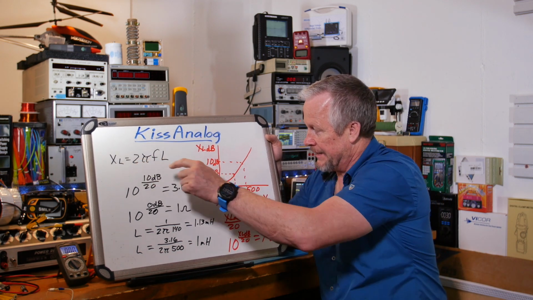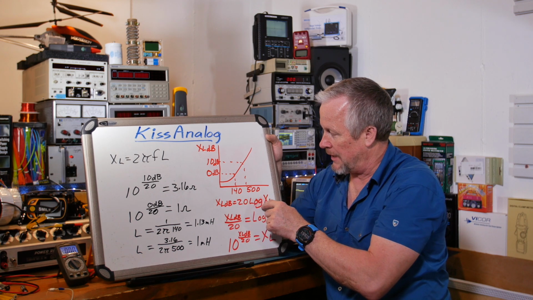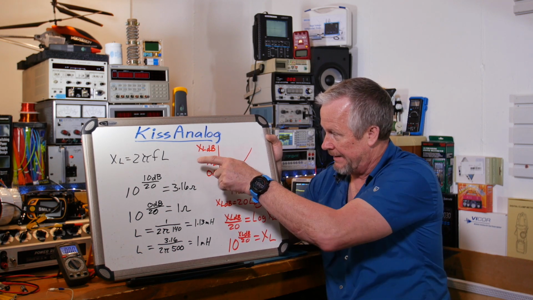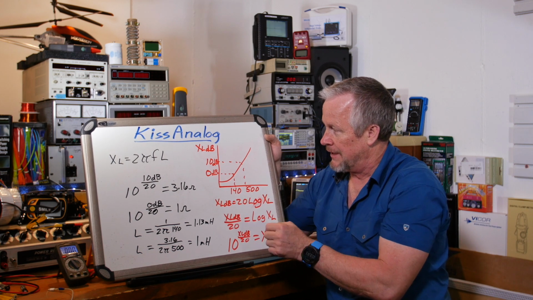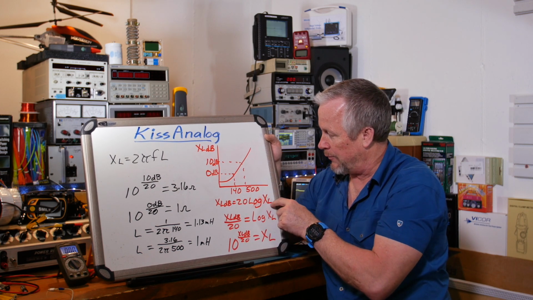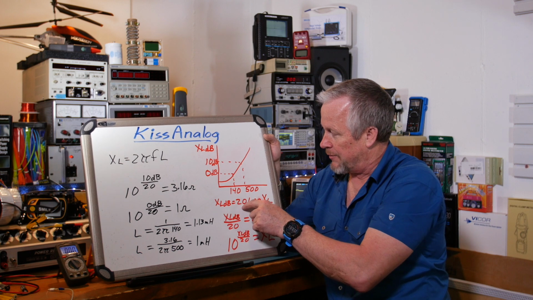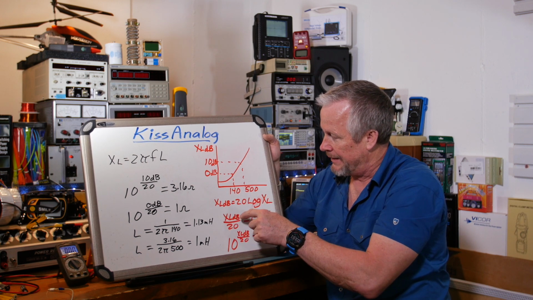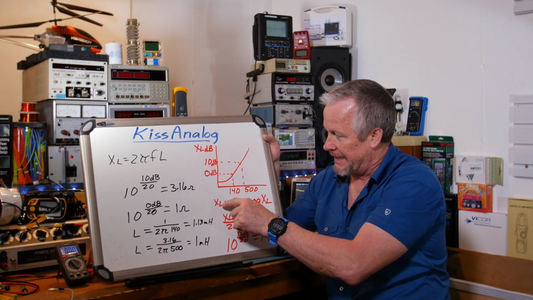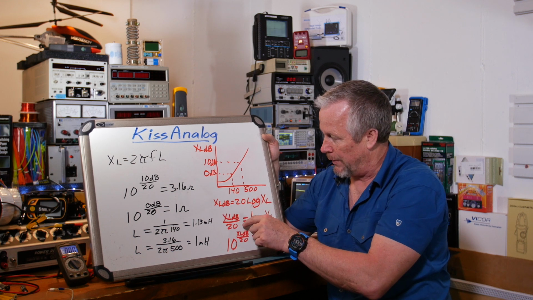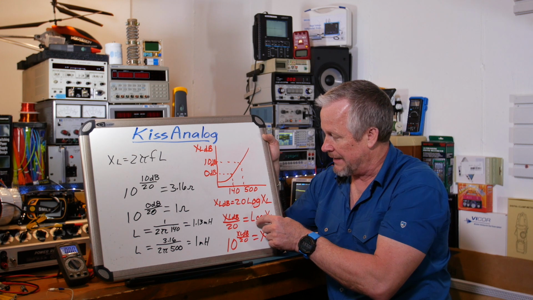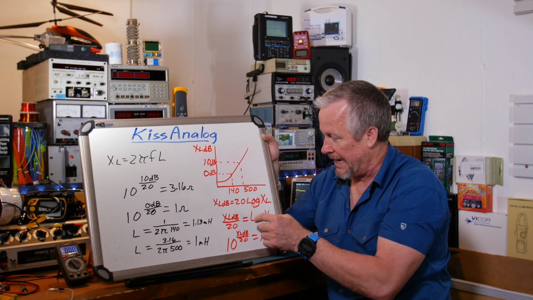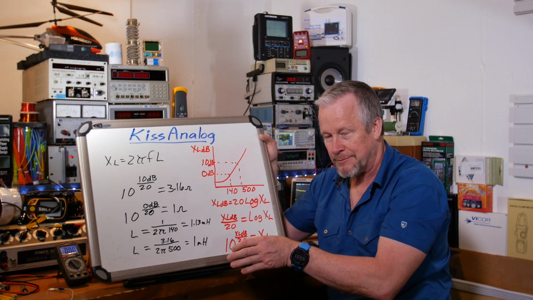If we take this and take 20 times the log of this, then we get these numbers here. So if we want to go backwards and find out what X of L is, we have to divide both sides by 20, which gives us X of L in decibels over 20 is equal to log of X of L. Then we get rid of the log, so we get X of L by itself. You take the anti-log, which is that 10 to the x power thing.